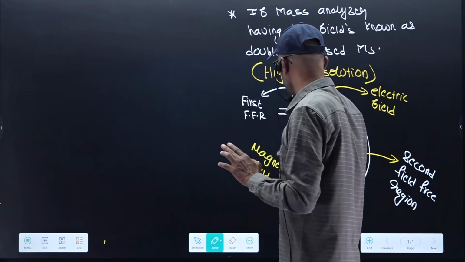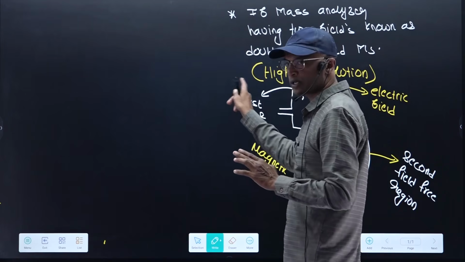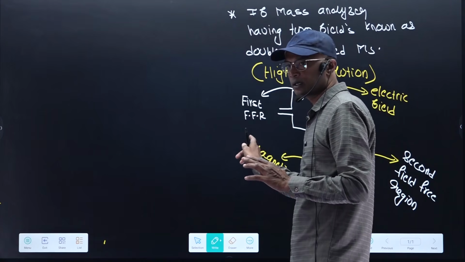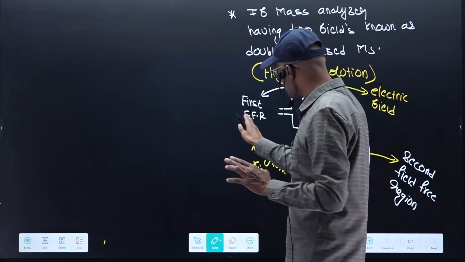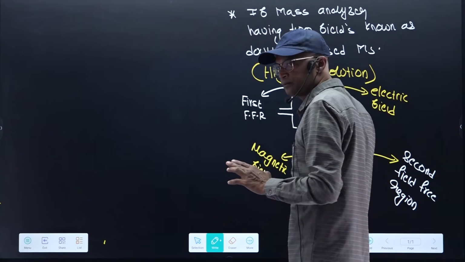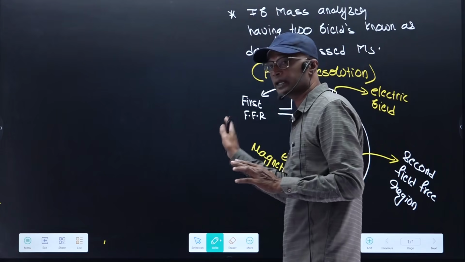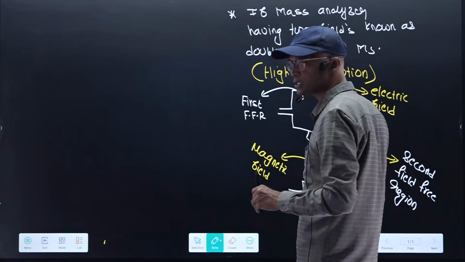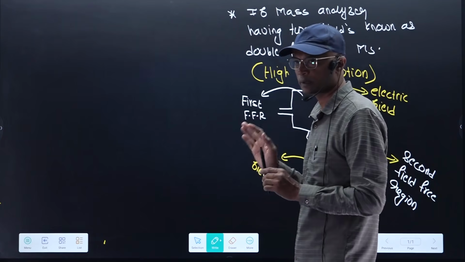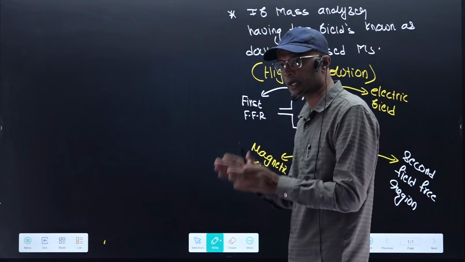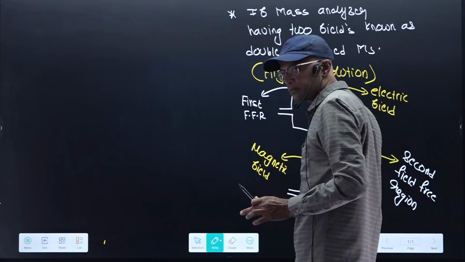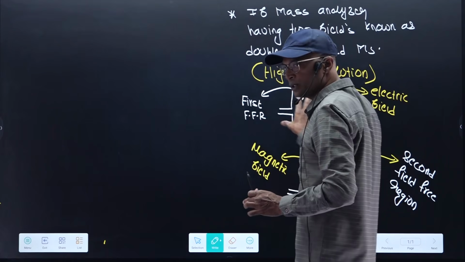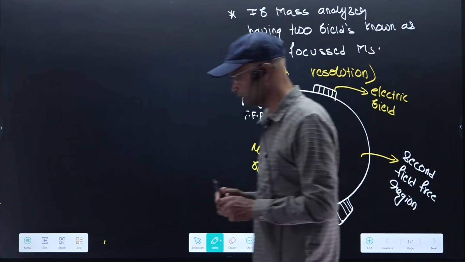Before connecting this, there is one square chamber, and in that chamber ions are produced. Those ions, based on their m/z value and their acceleration, enter the mass analyzer. That is the only point to remember: we are not generating any new ions in the mass analyzer. Whatever positive ions are generated in the ionization chamber enter the mass analyzer. That's it.